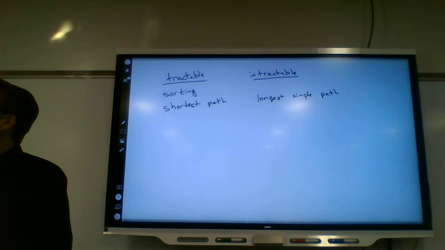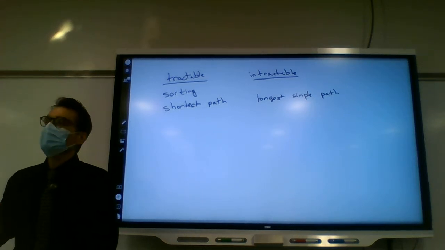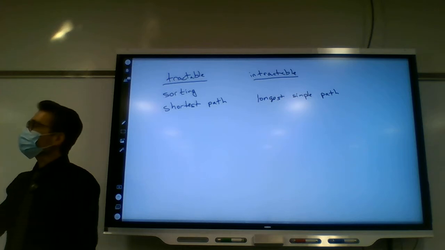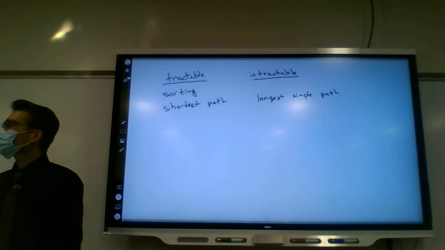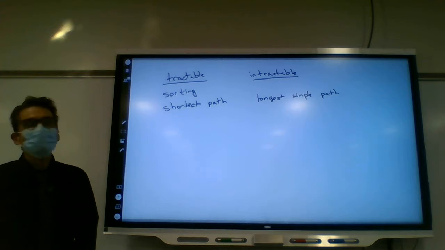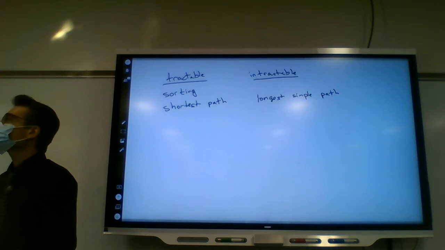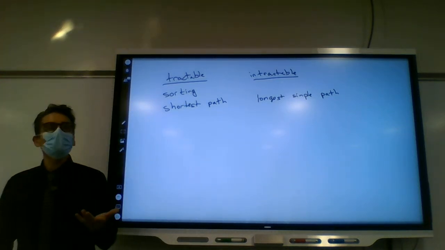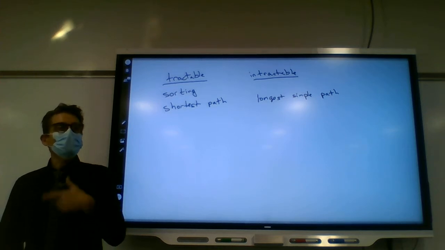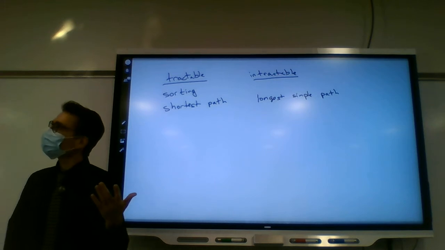But so simple path is, we talked about last time, one that doesn't ever revisit any vertex or use the same edge again. Right? So it never revisits any particular vertex. Or since it can't revisit a vertex, it can't reuse an edge. All right. We don't have to say simple on shortest path, because if you're reusing an edge, then you could have just not reused it and been shorter.